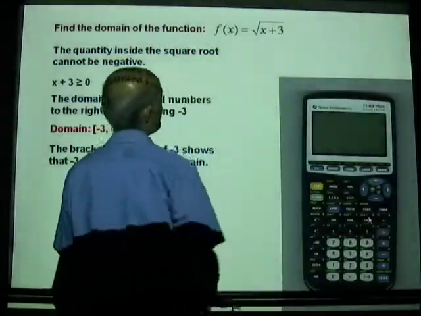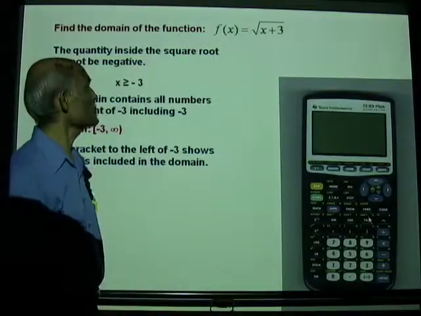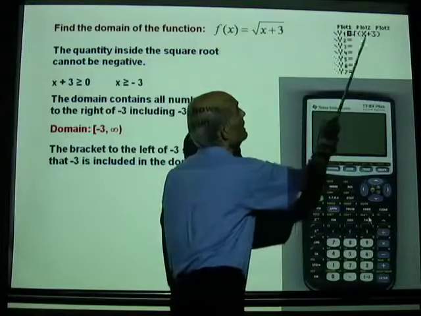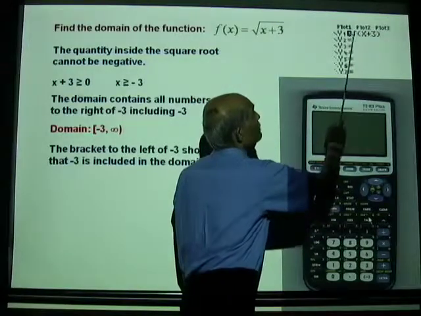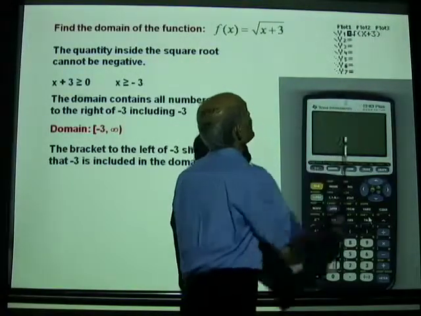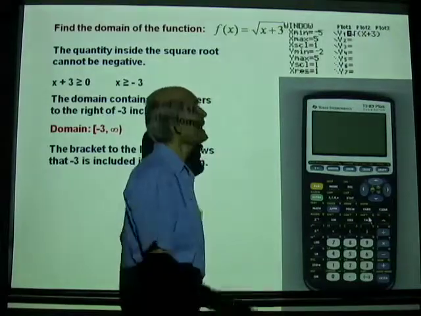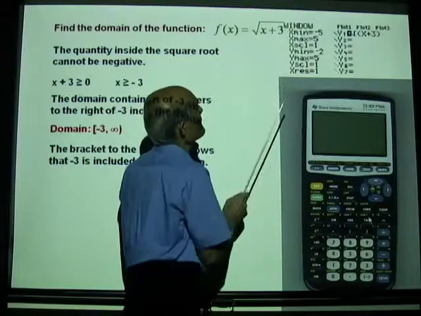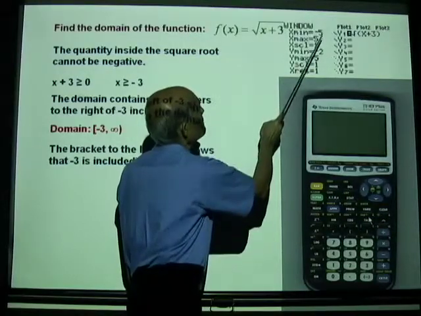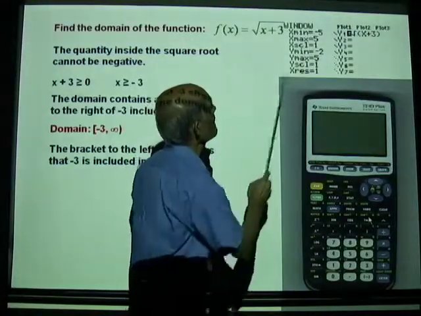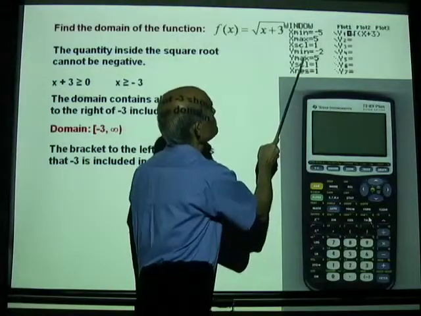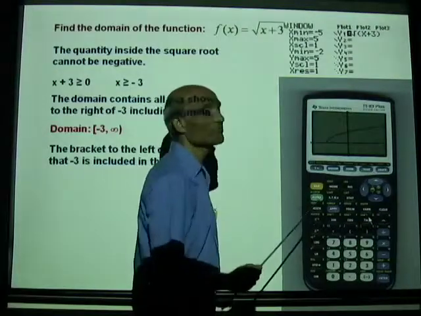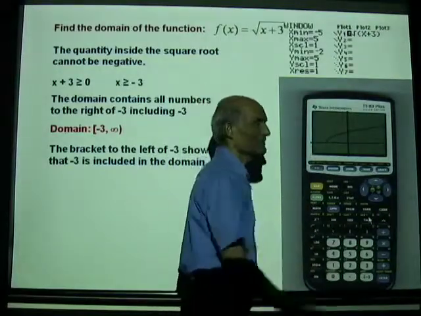Now, let's graph this function and see how it looks. All right, press y equal to and enter the function like this: square root parenthesis x plus 3, and use a window like this: x minimum -5, x maximum 5, y minimum -2, y maximum 5, and press graph, and look at this graph.